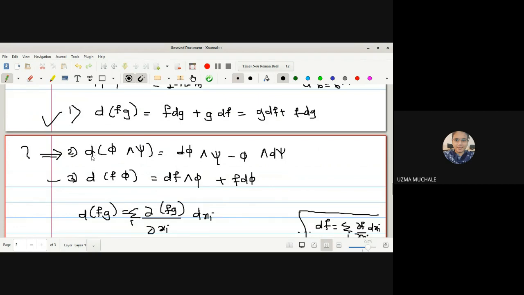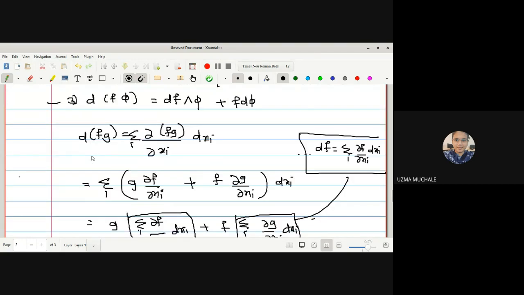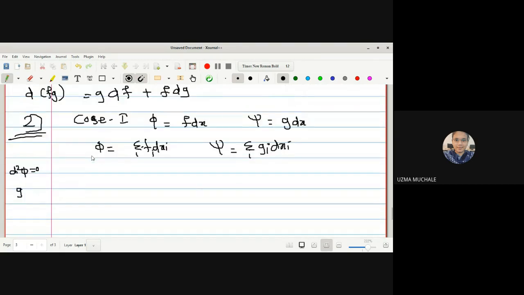So in the first case we take f dx and g dx. In the second case we will take a different one. In the first case, dx is the same. In the second case, phi is equal to f dx, psi is equal to g dy. That calculation will be very lengthy. Everyone getting what I want to say?